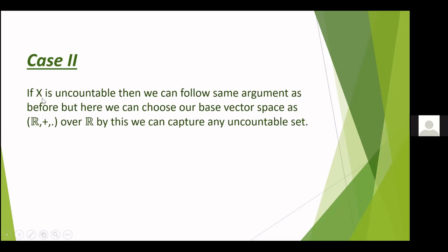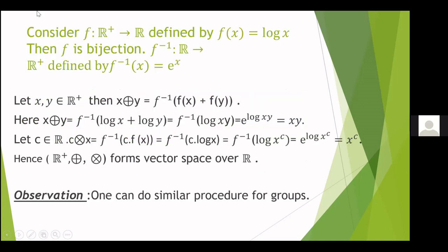What if X is uncountable? If X is uncountable and if you get a bijection from X to R, then by a similar argument you can find some operations such that this set X will be a vector space over R. Here I take an example: I define a mapping f from the set of all positive reals to R, defined by f of x equals log x, and it's a bijection.